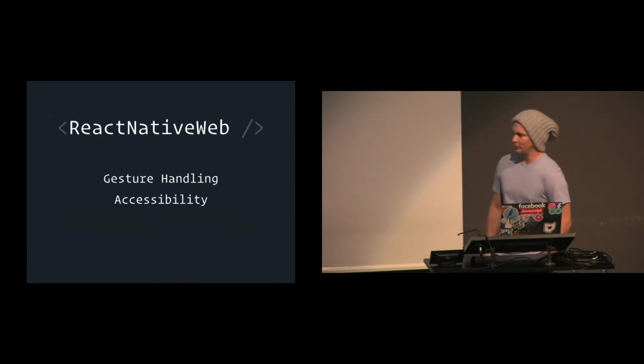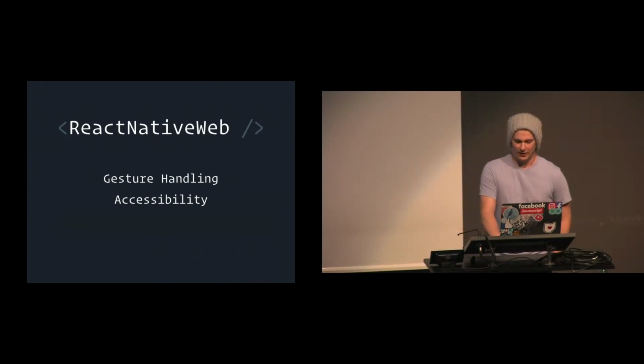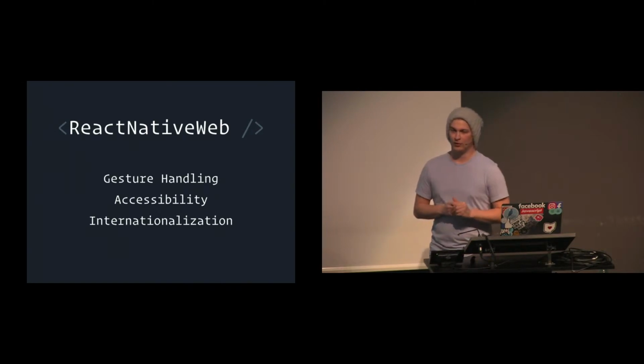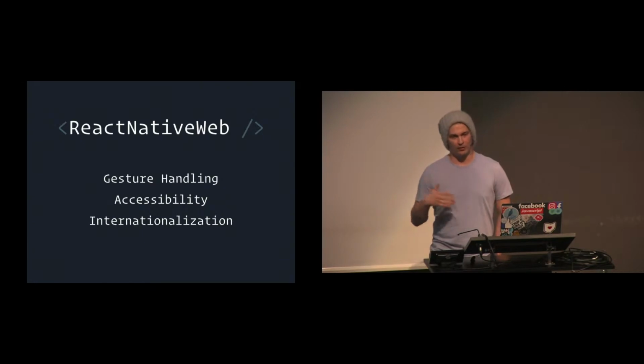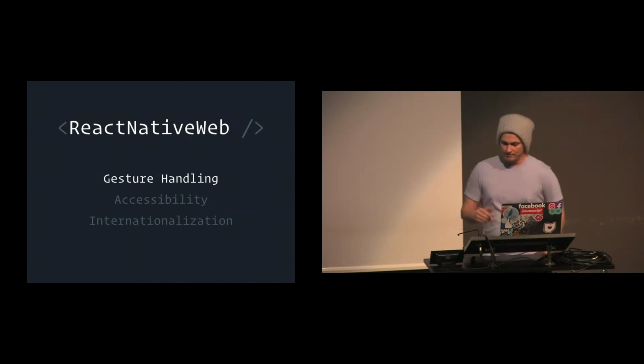There's a ton of accessibility props native on the DOM, but it's kind of hard to keep track of which ones you use and where. And also internationalization. As we move into more of a global sphere and people are writing apps, internationalization is becoming more and more prevalent and necessary. So let's take a look at gesture handling.